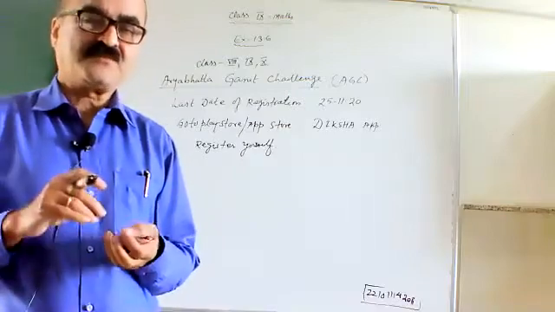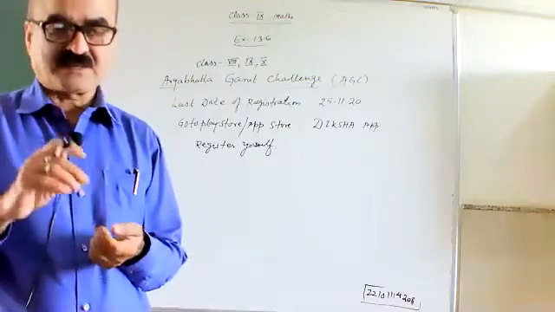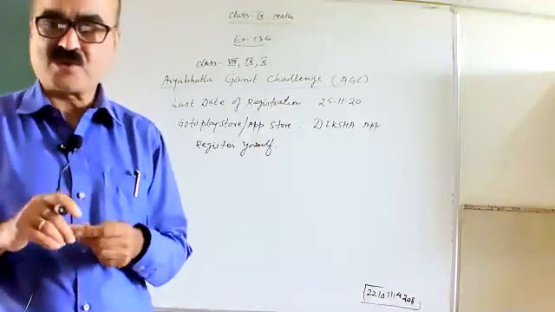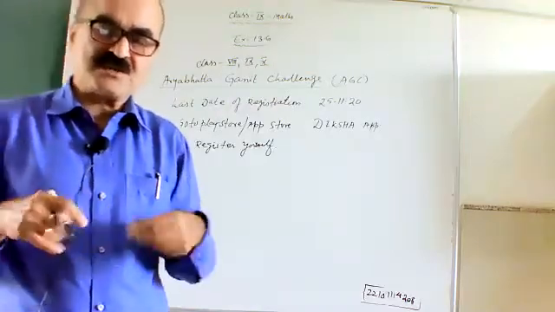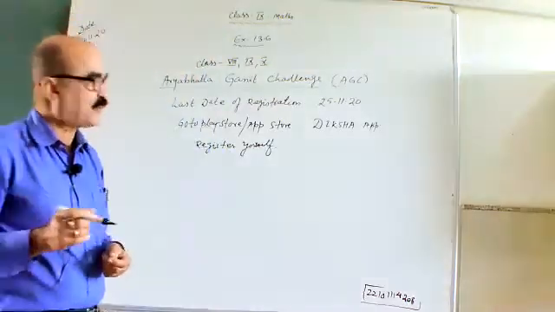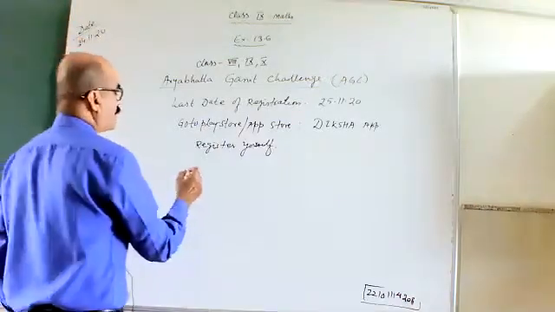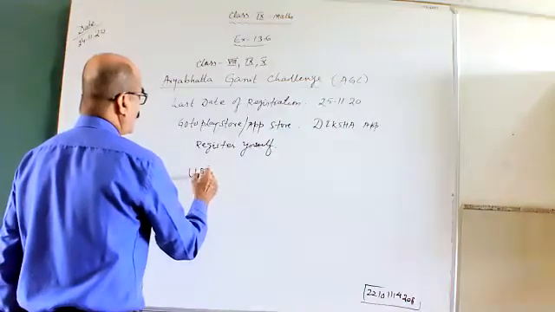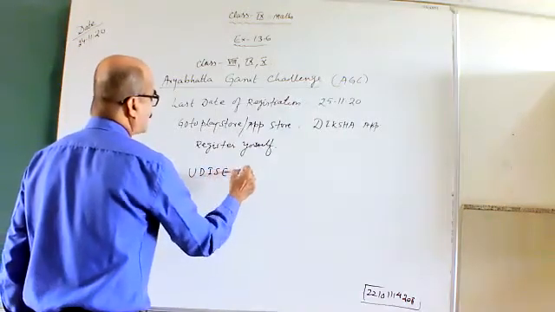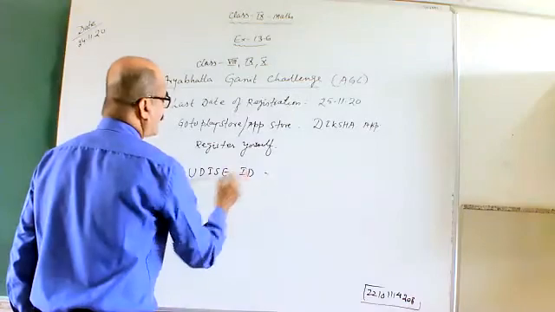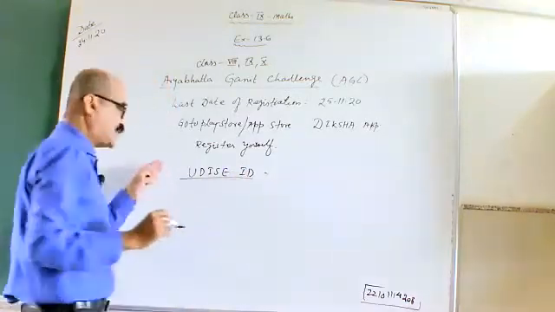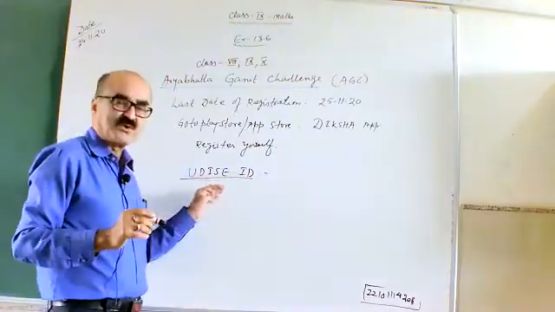आपका नाम, father's name, date of birth, class, school name, school location, स्कूल कौन से डिस्ट्रिक्ट में है, and one most important thing, that there will be asked one UDISE ID. This is related to the school code.